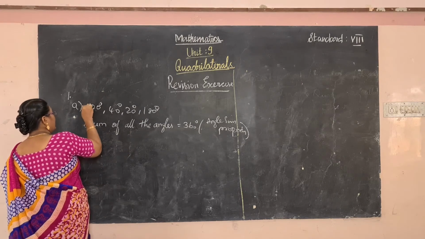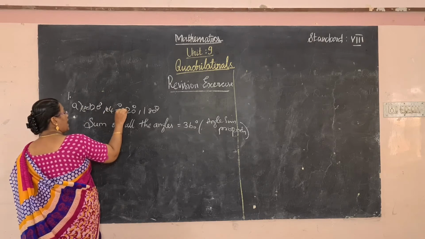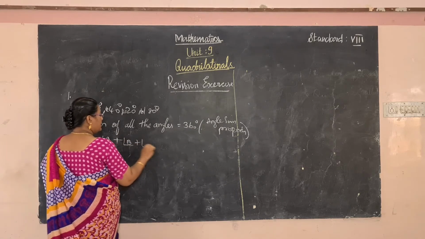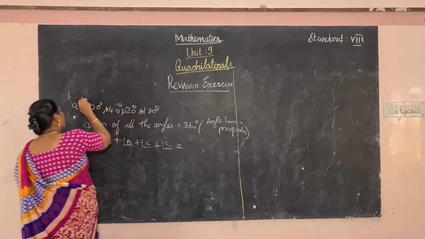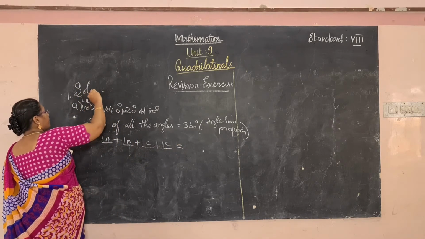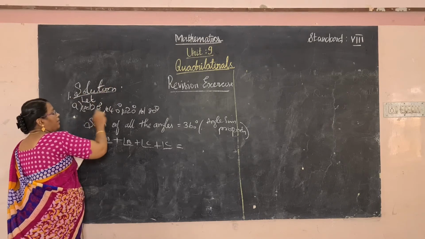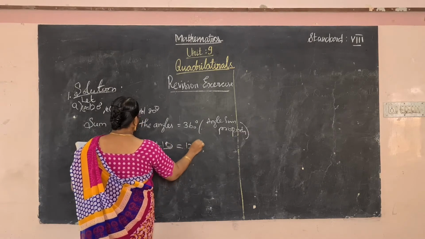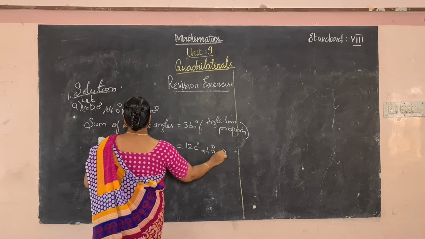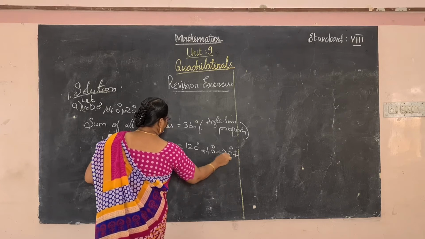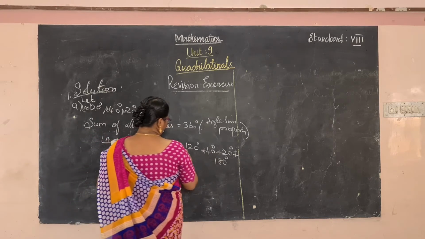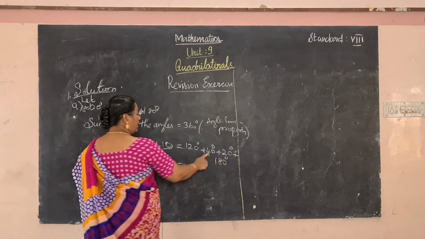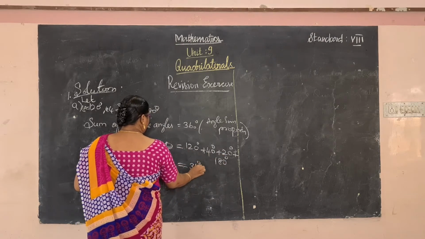So let me consider angle A, angle B, angle C, angle D. So sum of all the angles means angle A plus angle B plus angle C plus angle D. Add the values 120 plus 40 plus 20 plus 180 degree. 120 plus 180, 300, is it? 300 plus 60, 360, is it?